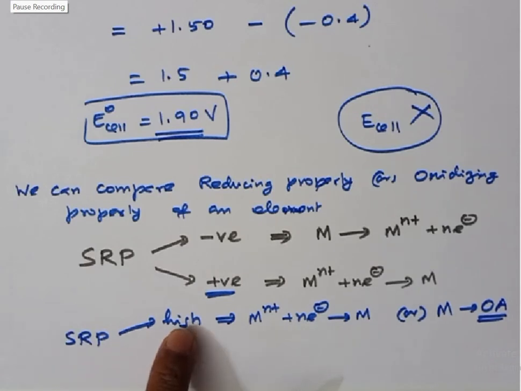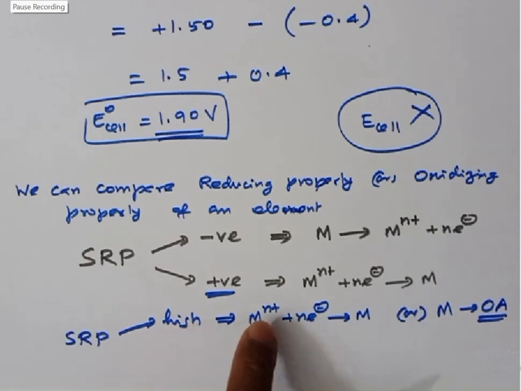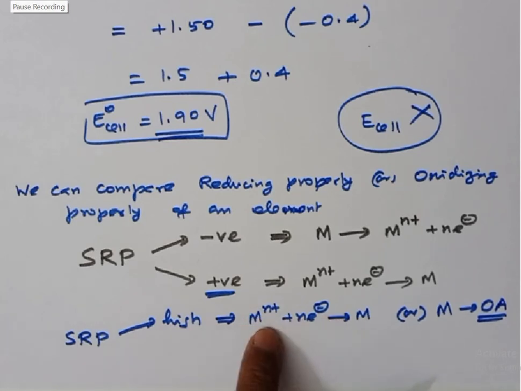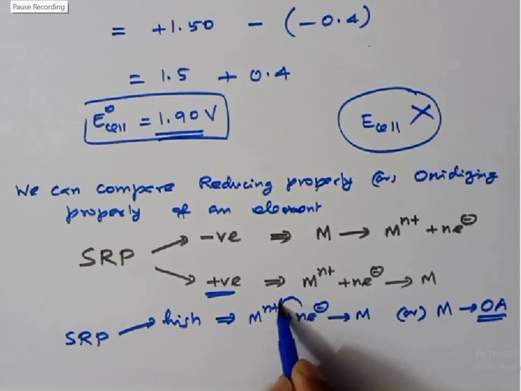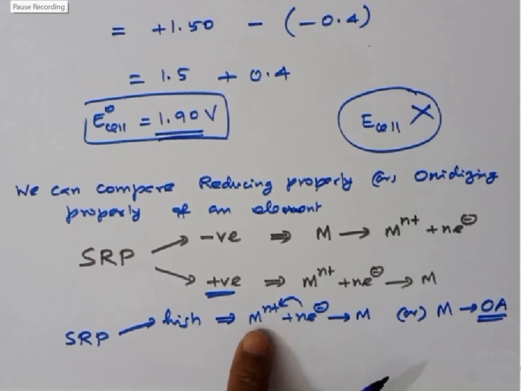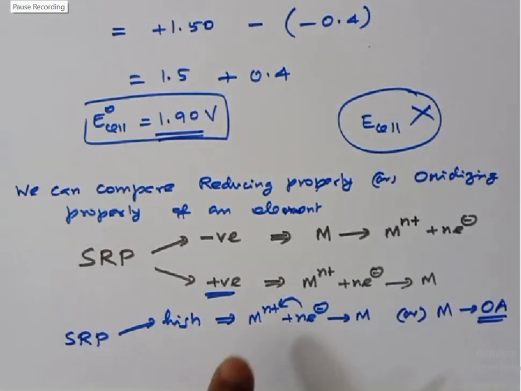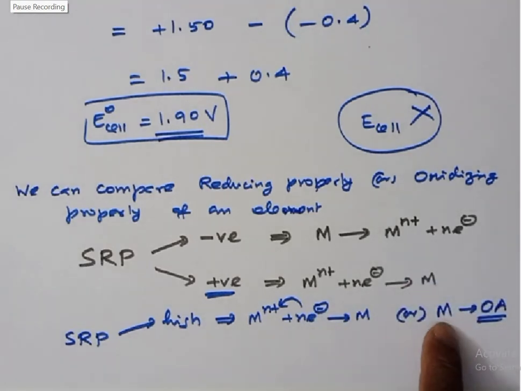If SRP value is high, then that metal ion undergoes reduction readily. It is gaining electrons from some other species. Students, observe carefully, this metal ion gains electrons from some other species, and that species will undergo oxidation. So this metal ion oxidizes some other species, so it can act as an oxidizing agent.